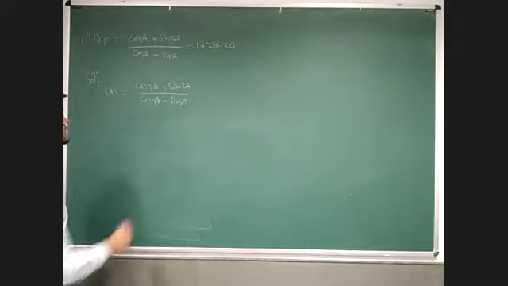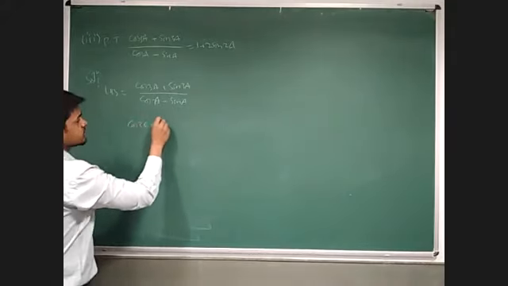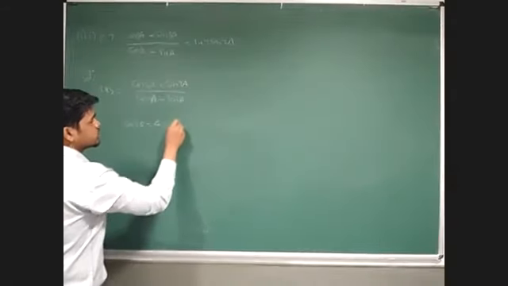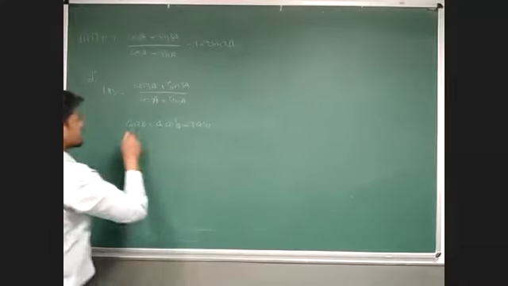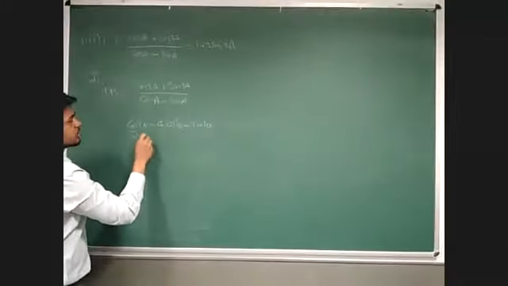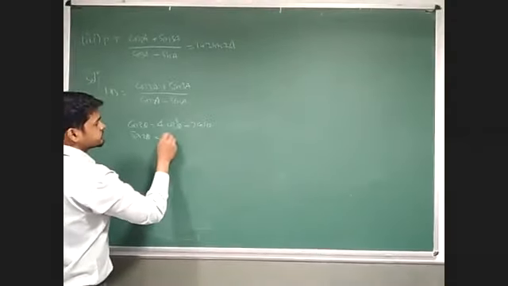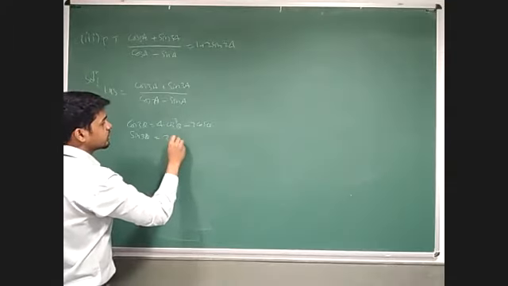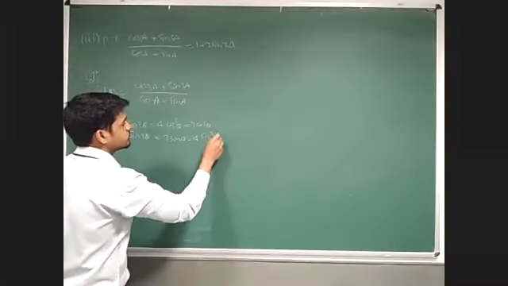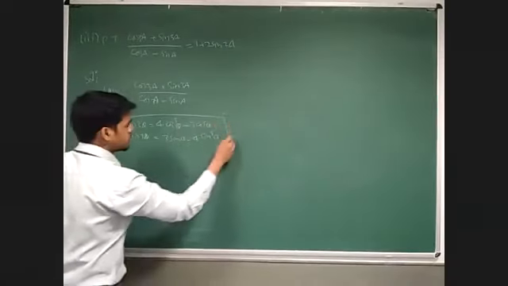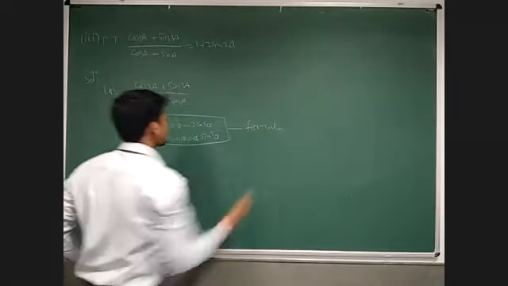The formula of cos 3 theta is 4 cos cube theta minus 3 cos theta, and sin 3 theta is nothing but 3 sin theta minus 4 sin cube theta. These are the two formulas. So we are going to use these two formulas.